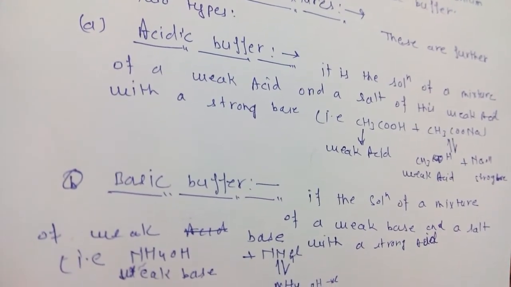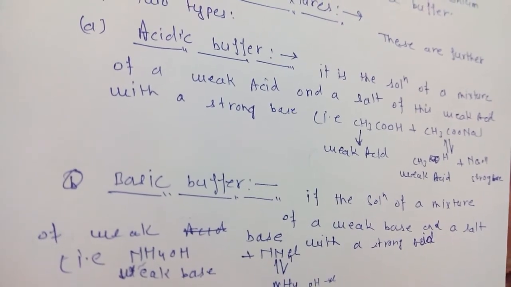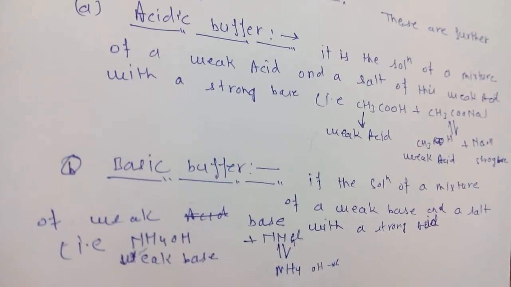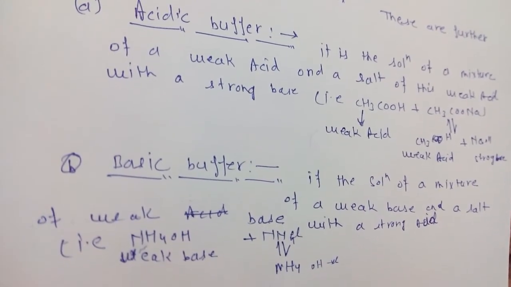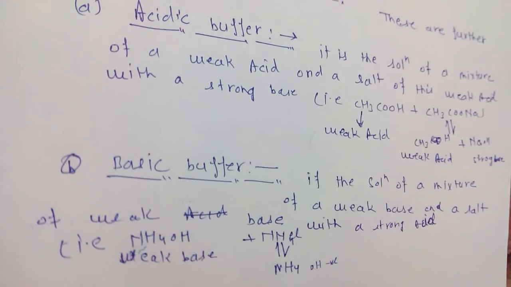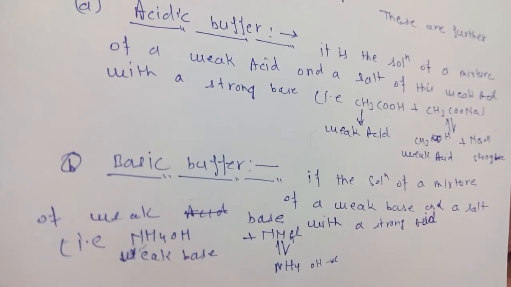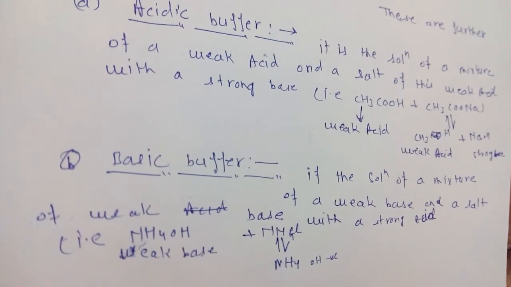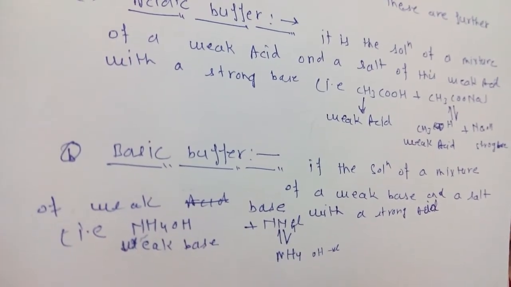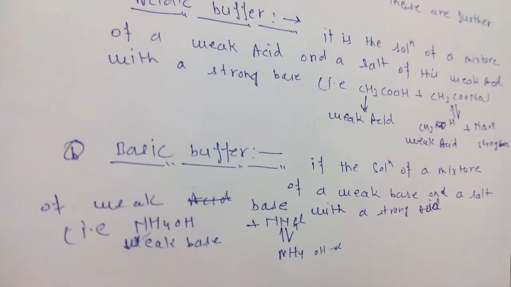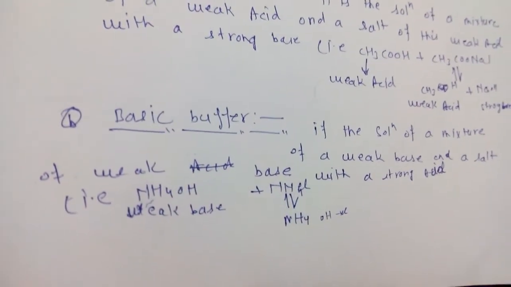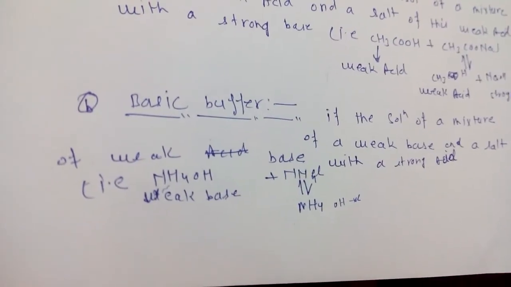Example, that is NH4OH plus NH4Cl. We know that NH4OH is a weak base and the salt NH4Cl is made by NH4OH plus HCl. NH4OH is a weak base and HCl is a strong acid. That is called basic buffer.